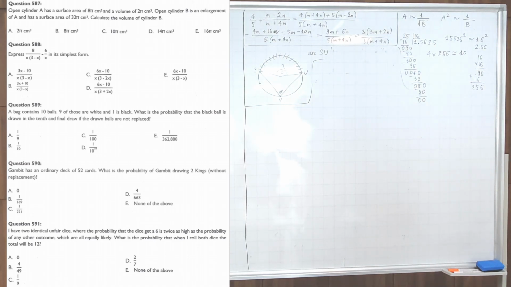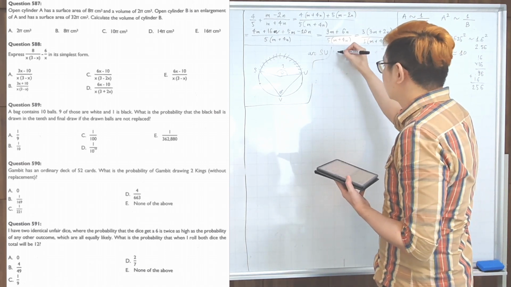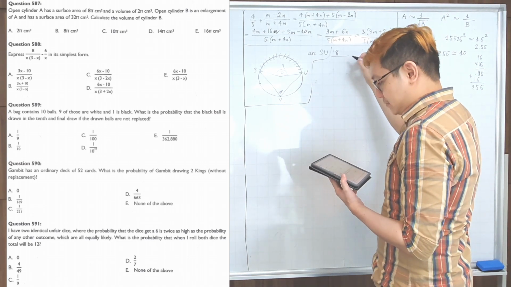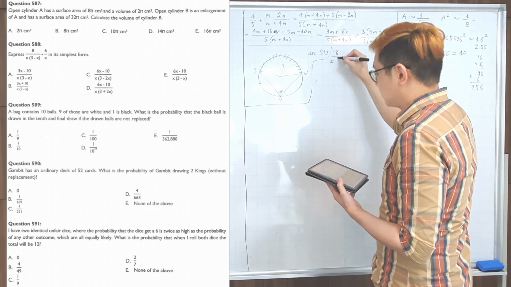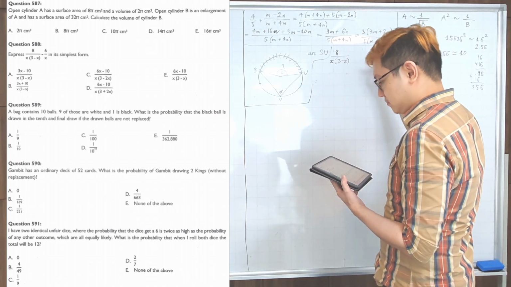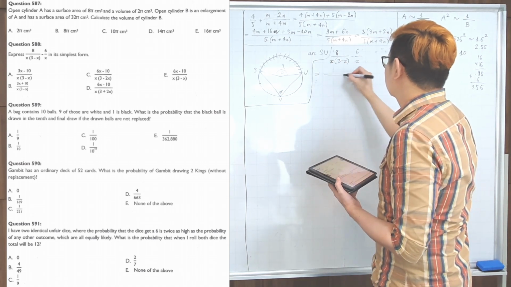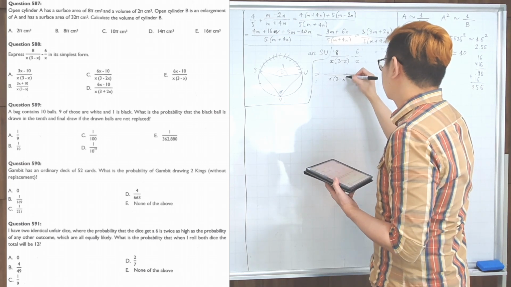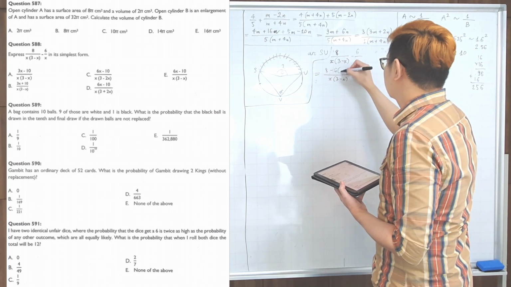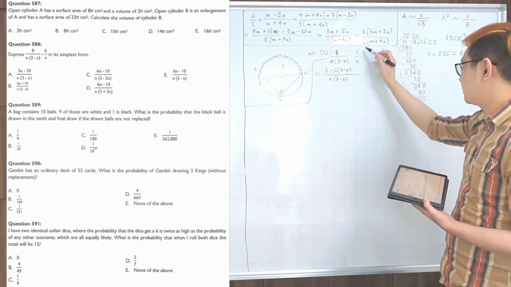Easy, right? Yeah, you have 2 times 3 minus x here.